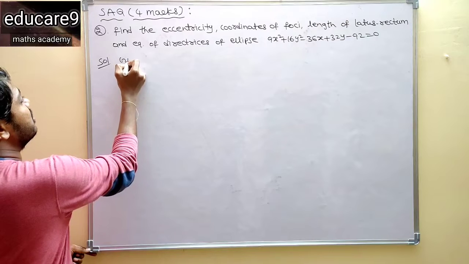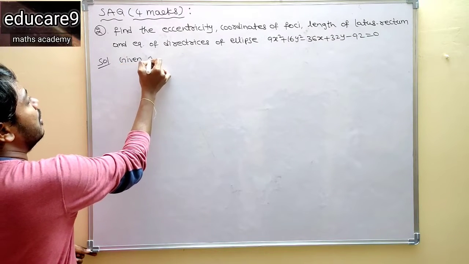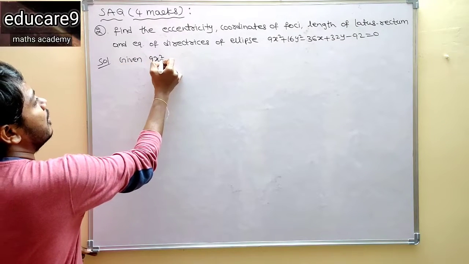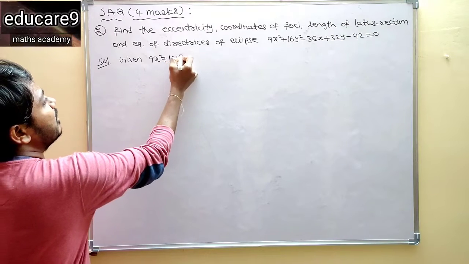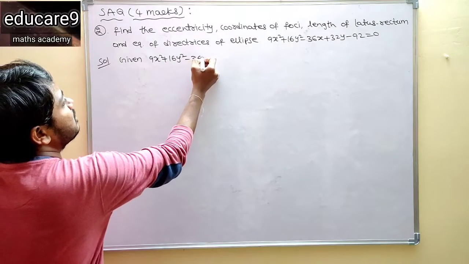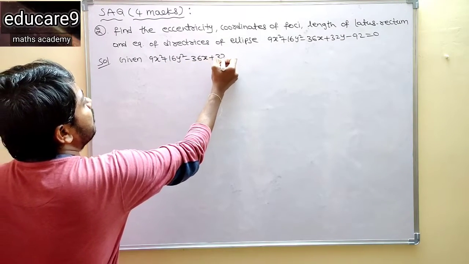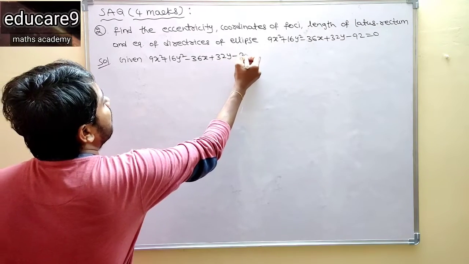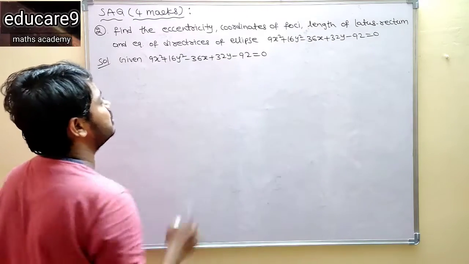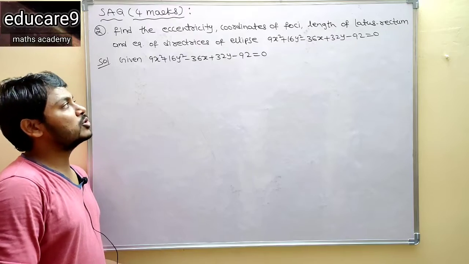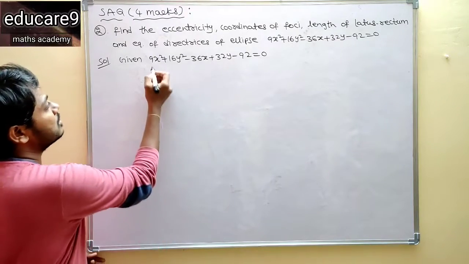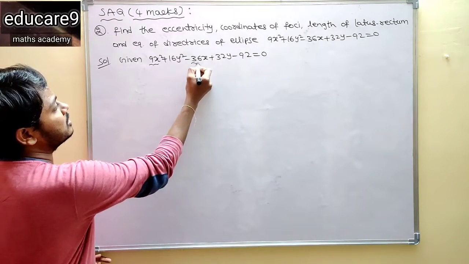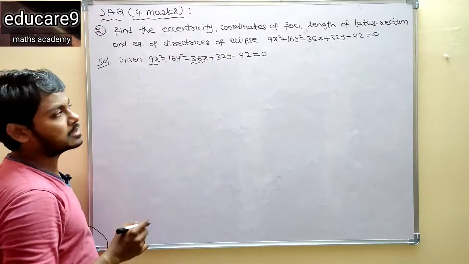So what is the given equation? 9x square plus 16y square minus 36x plus 32y minus 92 equals to 0. So first you should write the x terms. See here, 9x square minus 36x.